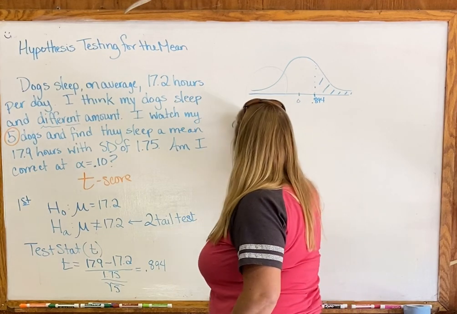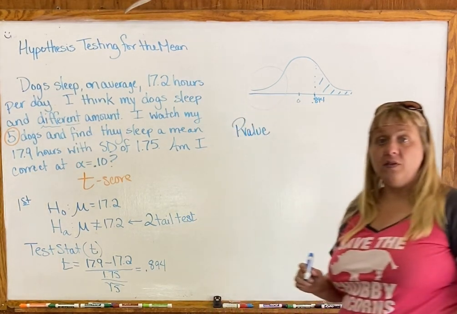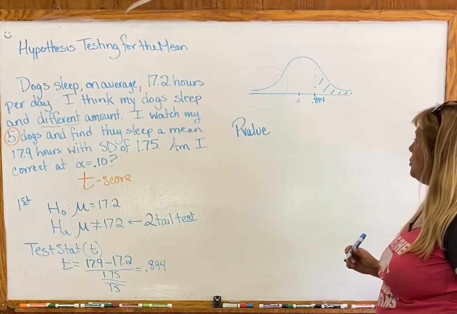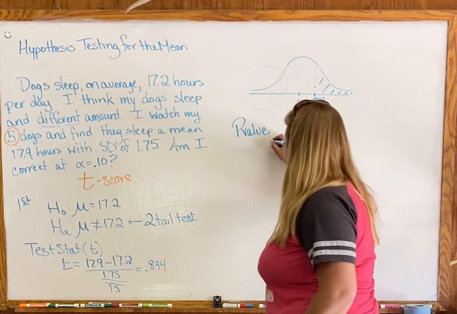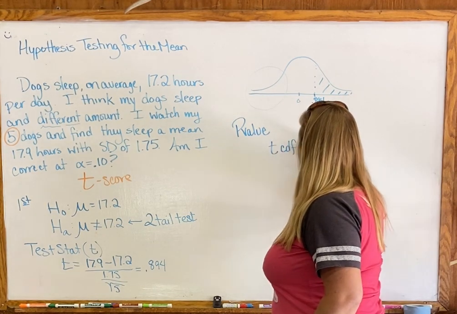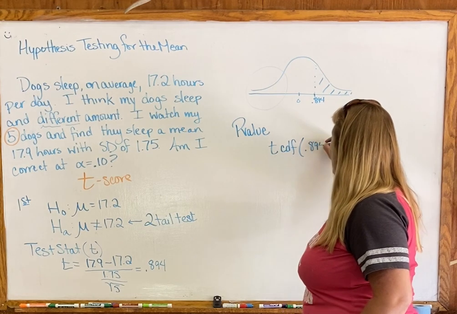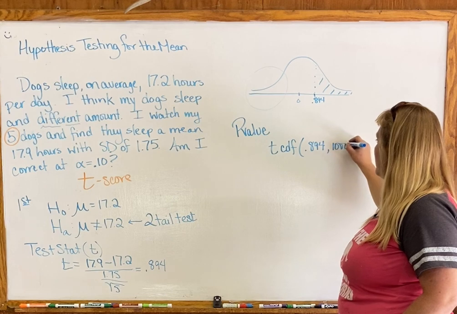So we do need to find our p-value here. And for this one, we are going to use the t, not the z. So we're going to go tcdf. We're going to start with a boundary of 0.894, comma, 10,000.